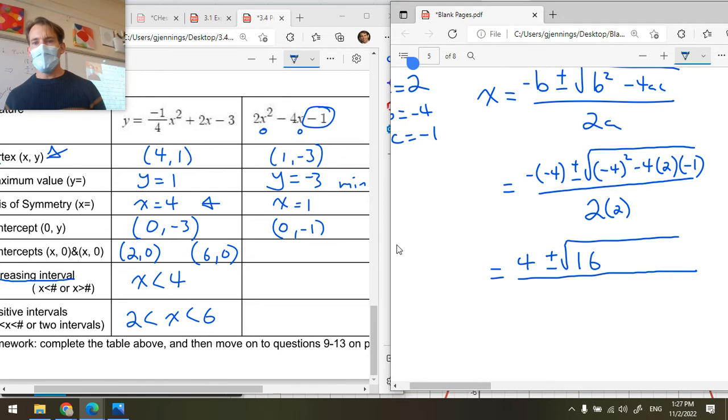And then we want to do negative 4 times 2 times negative 1. It's 3 things multiplying each other. Negative 1 just flips the sign. So we can think of negative 4 times negative 1 being positive 4. Then we're going to take positive 4 and multiply by 2. So that's 8. So we're going to have 16 plus 8 there, all over 2 times 2, which is 4.